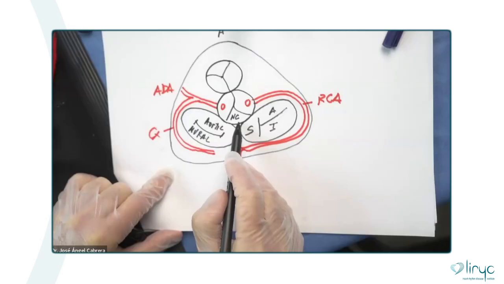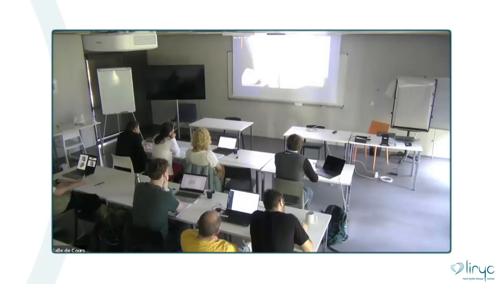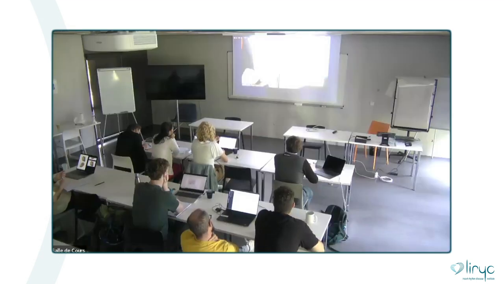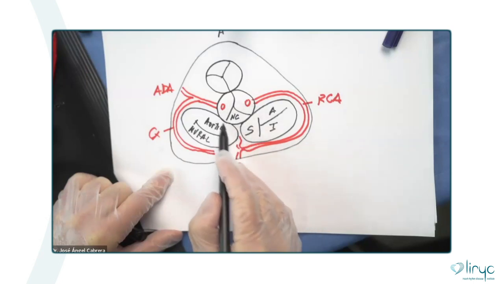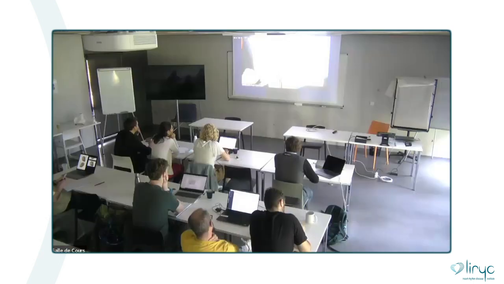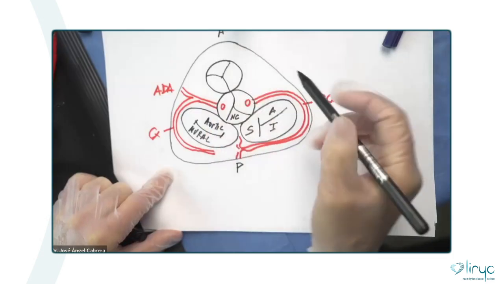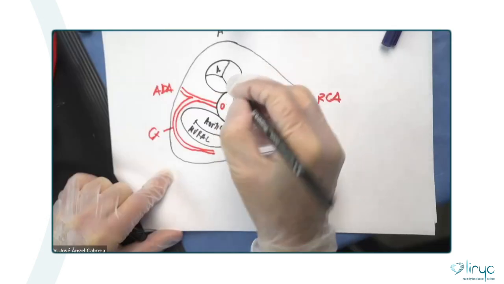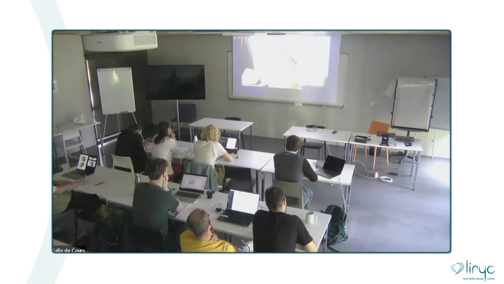Therefore, this is adjacent. In those cases that we have one coronary artery arising from this sinus, we need to use the term adjacent, because in the normal case, with this trivalve, the term is non-coronary. And from the pulmonary artery, this is anterior, this is left, and this is right.